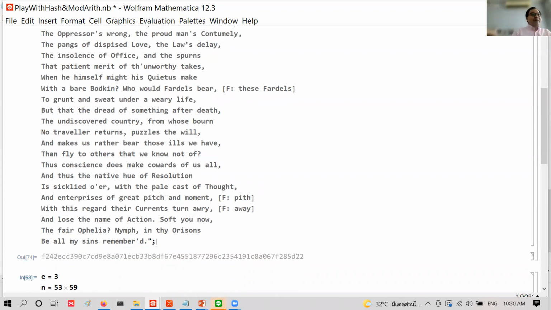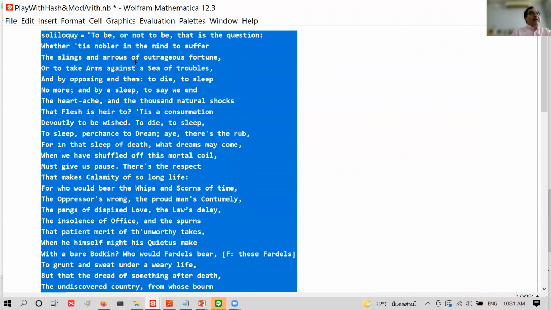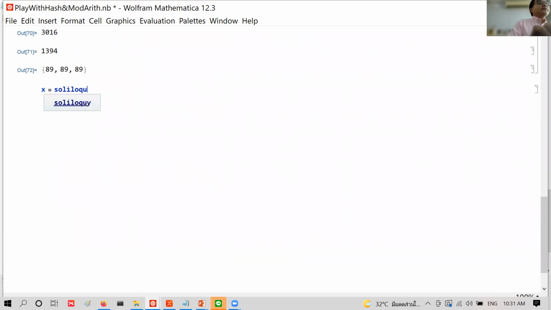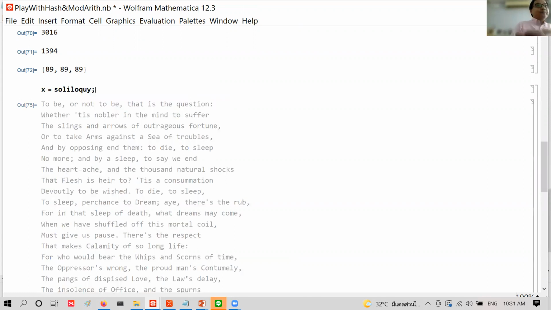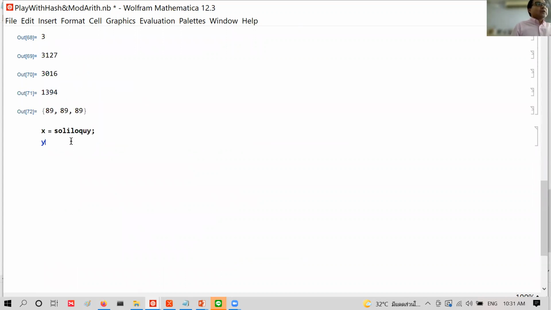So my x is equal to the soliloquy, and y is equal to hash of x.